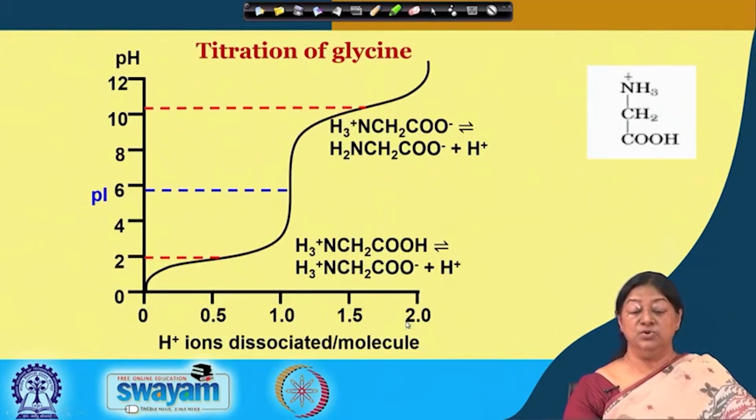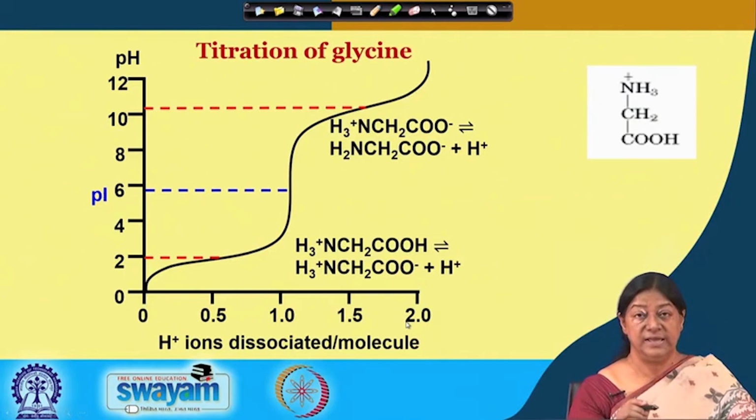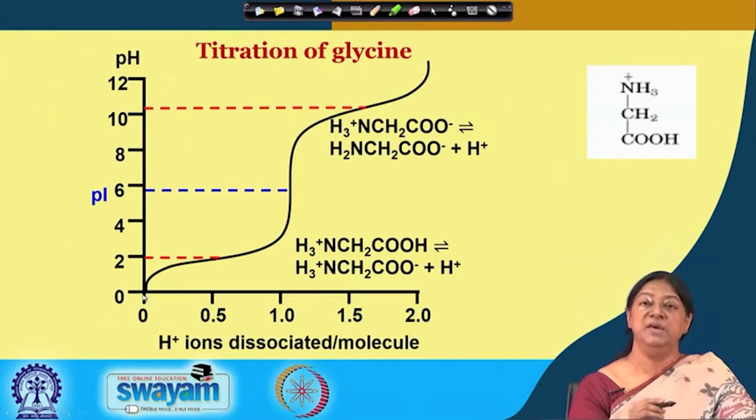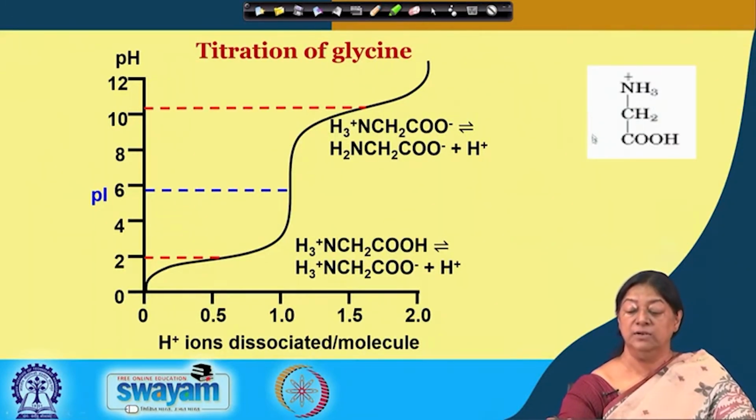If we go further into looking at an exact experiment as to how this is conducted. At the initial point where the pH is very low, our glycine looks like this. The NH2 is protonated to NH3 plus, and the COO minus is COOH.